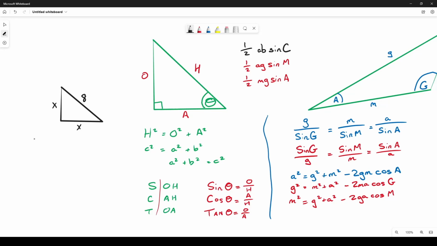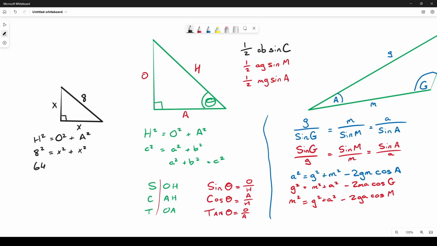Because if you did Pythagoras' theorem for this, keeping in mind that the hypotenuse is always the one that's on its own, the 8 is on its own, so that would be 8 squared equal to x squared plus x squared. It doesn't really matter which one is which here, because they're the same.